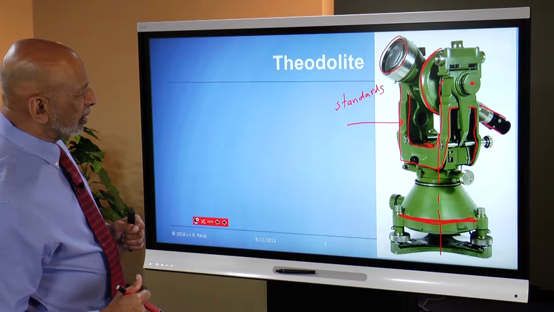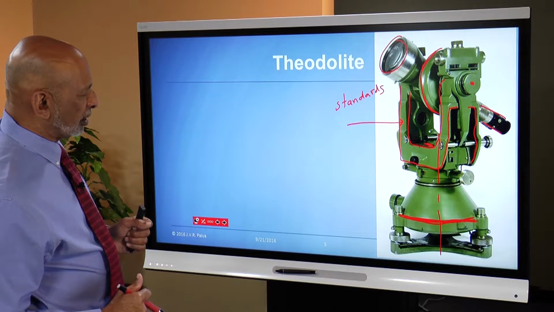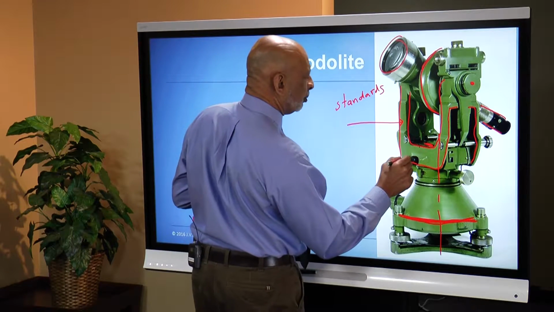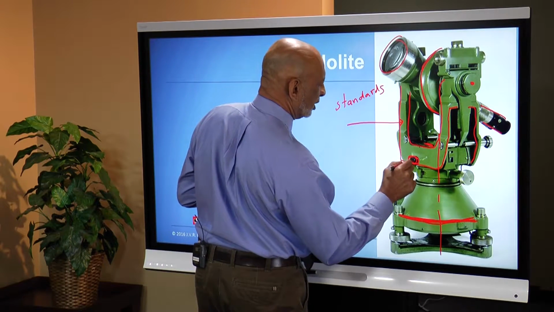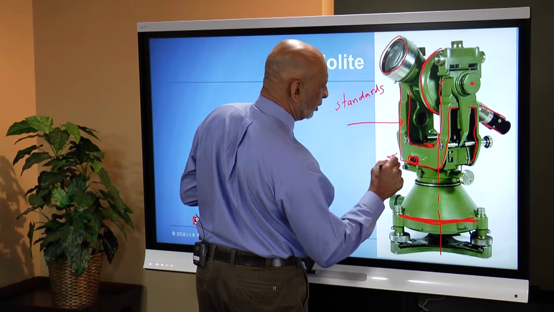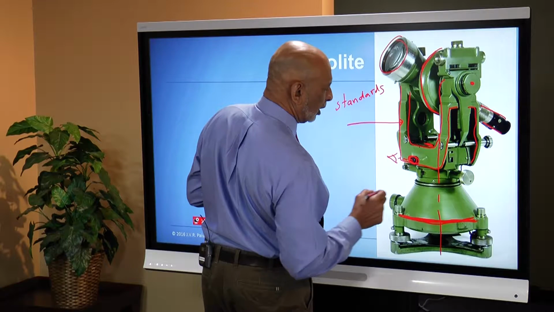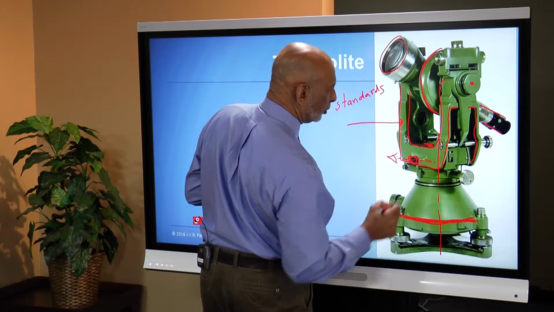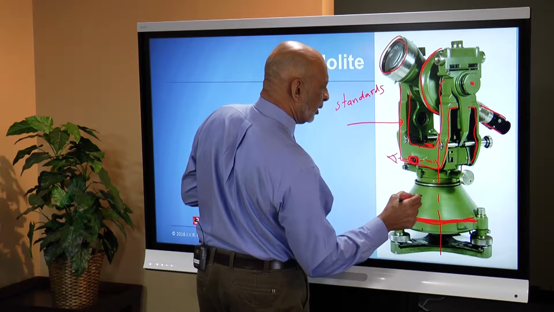Something else that is worth pointing out on this instrument is something called an optical plummet. So this is a telescope. You actually place your eye over here and you look through the optical plummet, which is basically what we call a folded telescope. So there's a mirror or a prism right here.